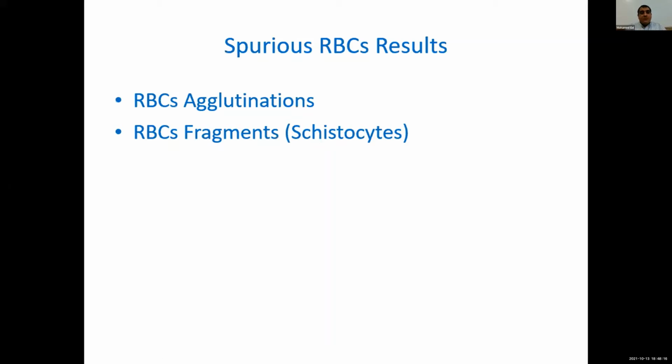The second most important situation is the spurious RBC result, and here we'll take RBC agglutination and RBC fragments or schistocytes. We'll see how we are going to diagnose this condition correctly by using the flags, by using the peripheral blood smear examination, and also we'll see how to correct this condition efficiently.